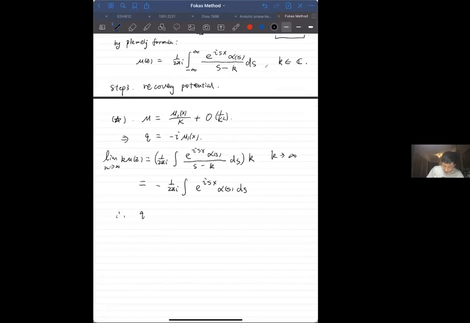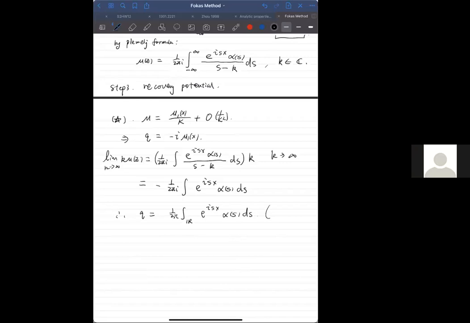We have q equal to 1 over 2 pi, the integral of e to the i s x alpha s ds. And what is this? This is exactly the inverse Fourier transform. So that's totally equivalent to the classic method. You do the Fourier transform and then you do the inverse Fourier transform.